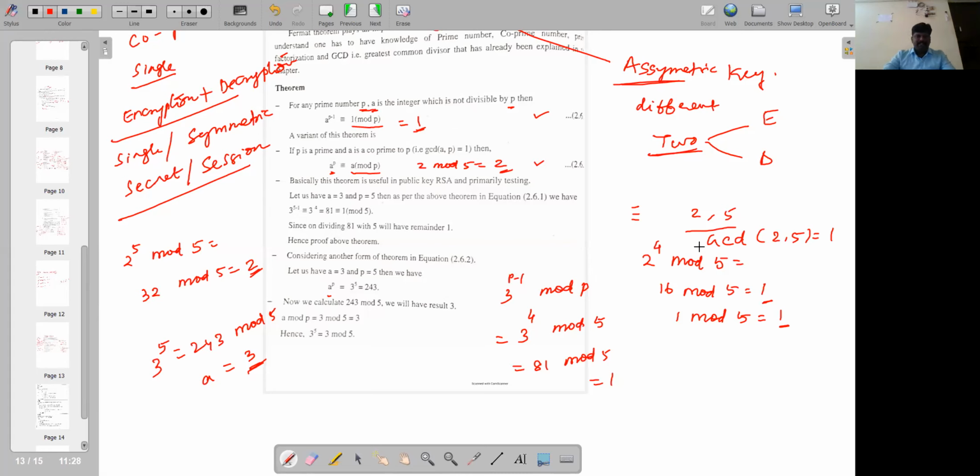What about others? Okay, I hope this is quite clear. So I'll move further.